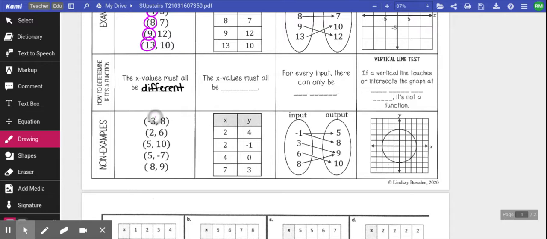Go ahead and circle all of the inputs or all the x values. Do any of the x values repeat? Yeah. Which ones repeat? 5. Yeah, the 2 5s. The 2 5s repeat. So these 2 repeat.